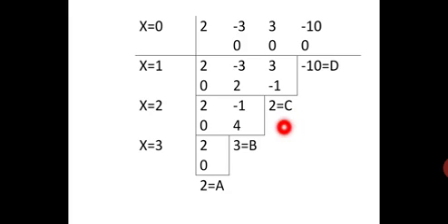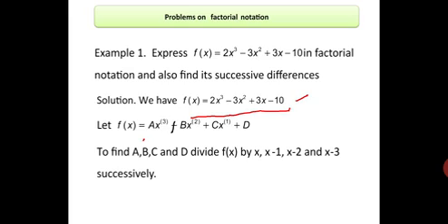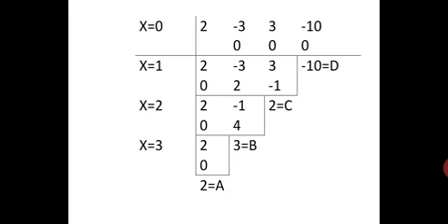Now you can see here I have taken the coefficients: the coefficient of x cube is 2, x square is minus 3, x is 3, and the constant is minus 10.